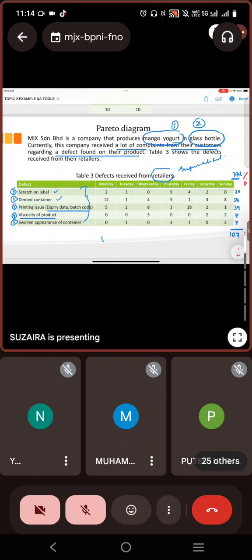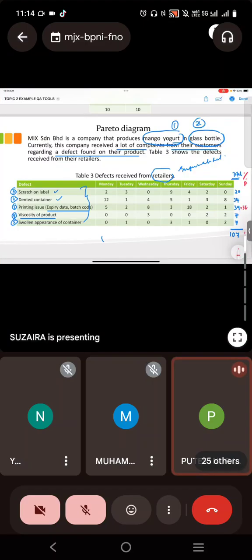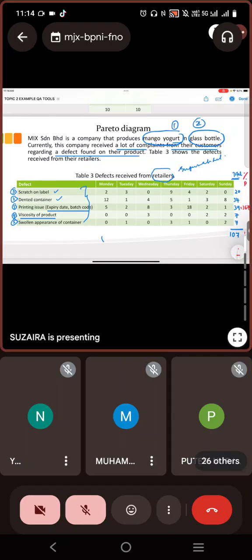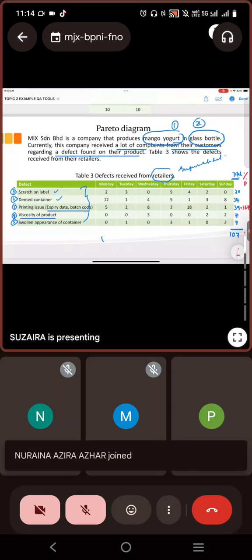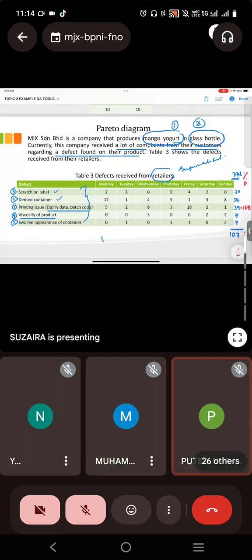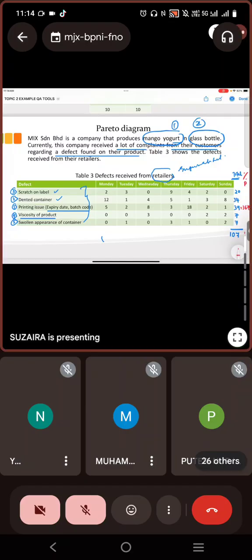But probably we'll start with 39. 39 divided by 107. What do we get? 36.45%. For dented container, 31.78%.